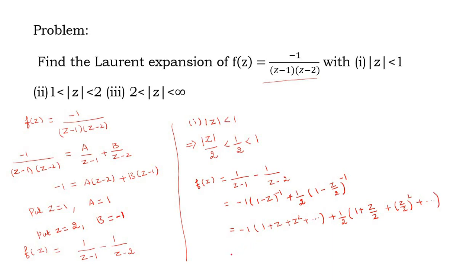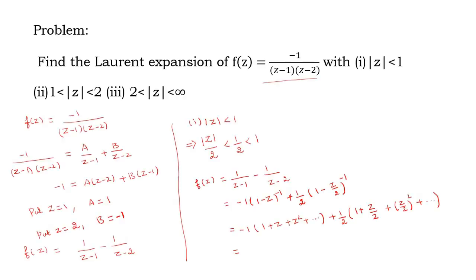So now this can be generalized: minus of summation n equal to 0 to infinity z to the power n, plus the second one you may write 1 by 2 into summation n equal to 0 to infinity (z by 2) whole power n.